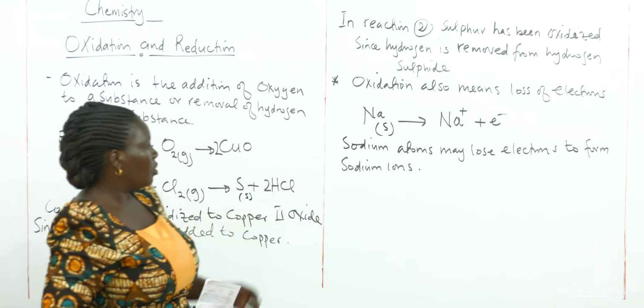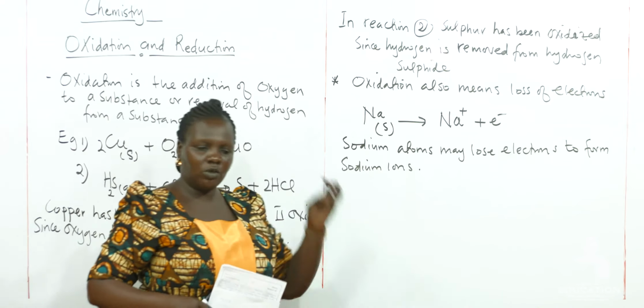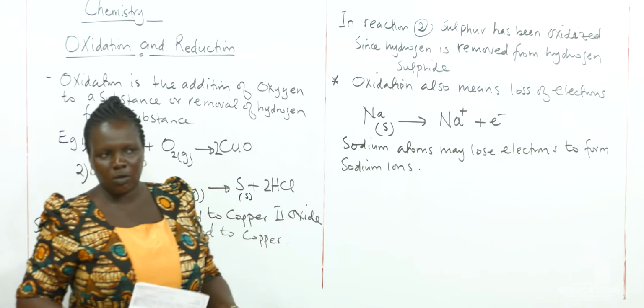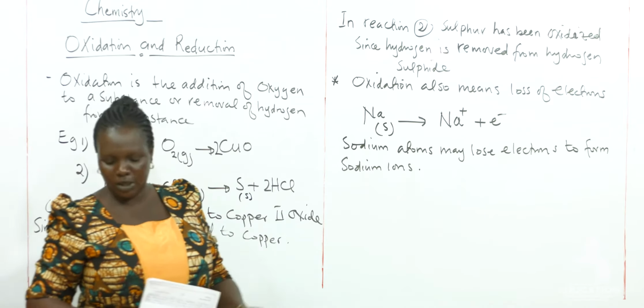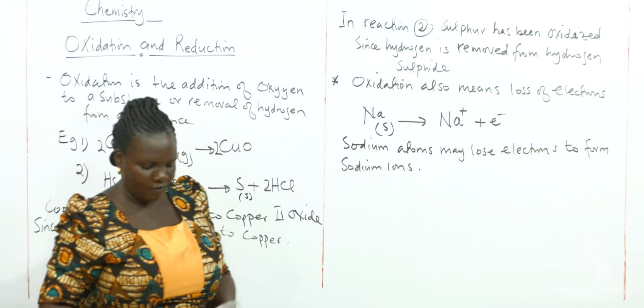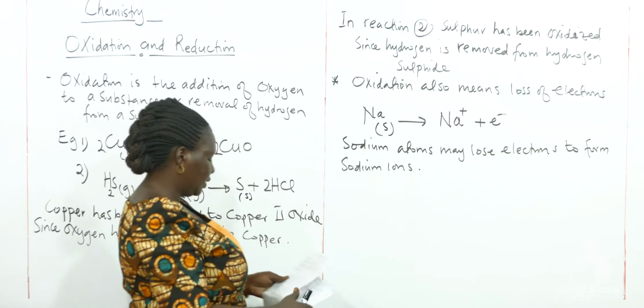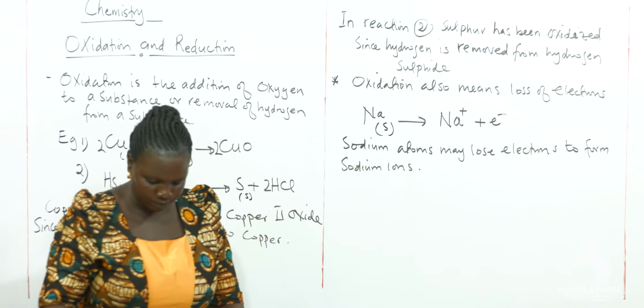Therefore, oxidation can be because of gaining or addition of oxygen, loss or removal of hydrogen, and then loss of electrons. So let us look at reduction.